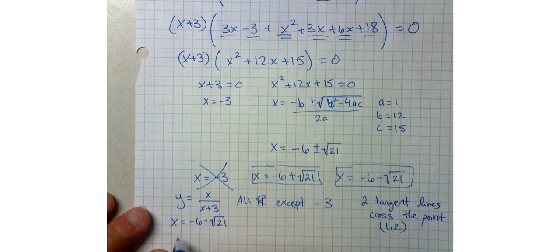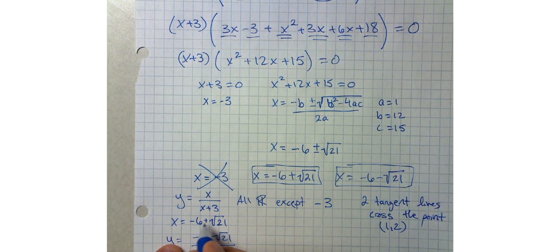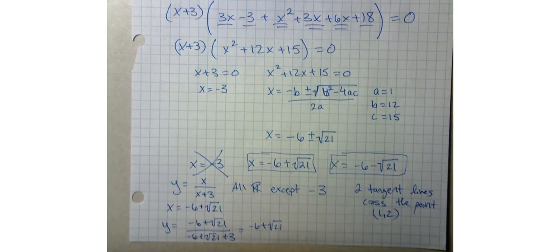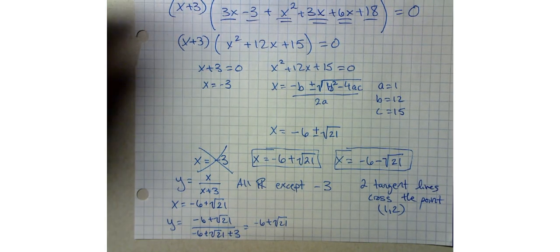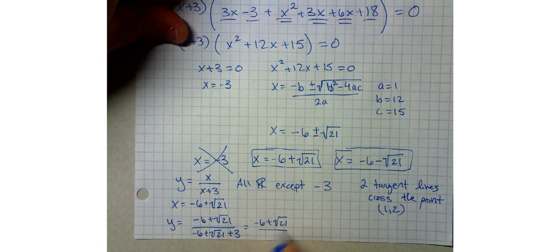I get y is equal to -6 plus the square root of 21 over x, which is -6 plus the square root of 21, plus 3. This is equal to -6 plus the square root of 21 over -3 plus the square root of 21.